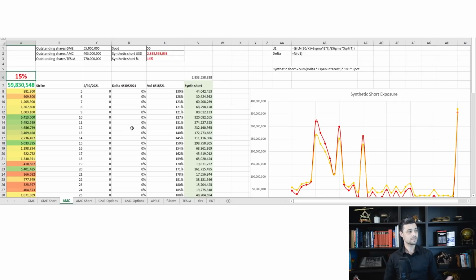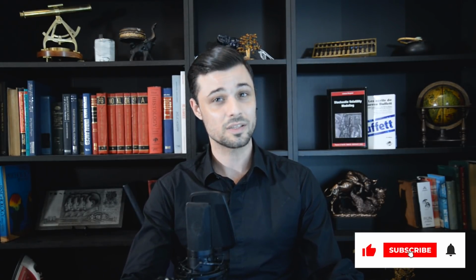And this is actually what can create a gamma squeeze, because once again, remember what we said at the beginning of the video, we assume that these option positions are held by retail investors, which means that professionals like market makers or hedge funds are actually short this same call options. So if the investors are getting more exposure because the delta is increasing, because the probability of finishing in the money is higher, then the market makers are going to see their short position increasing as well.